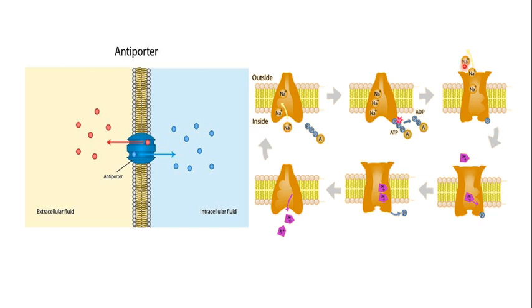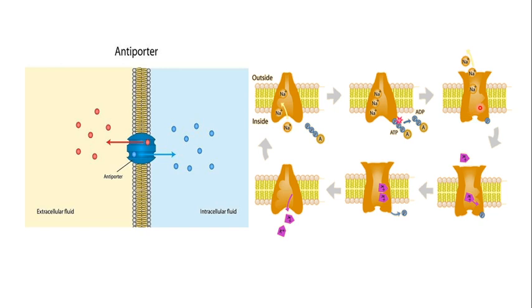When there is a change in the shape of the sodium-potassium pump, the sodium moves outside the cell, but at the same time it provides a binding site for potassium. As you can see here, when the pump is in this conformation, it cannot bind potassium.